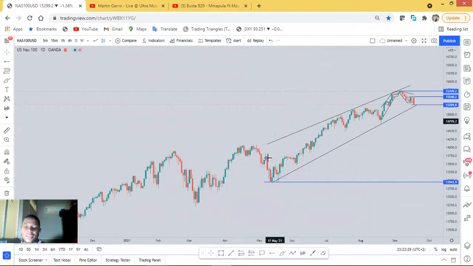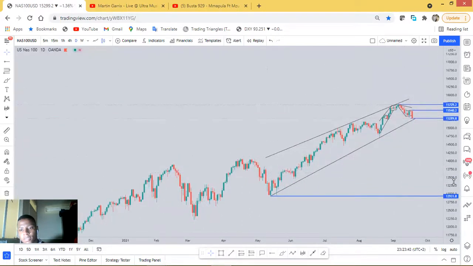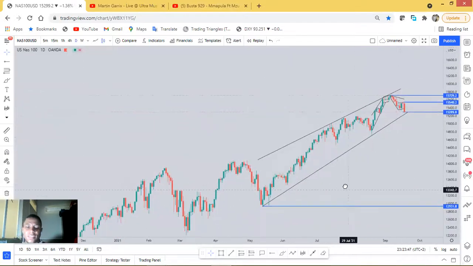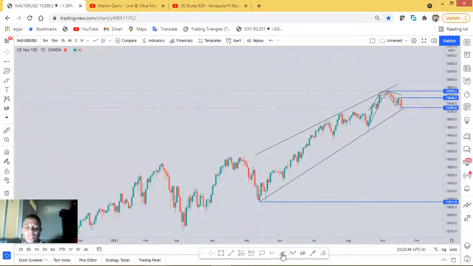On the daily time frame, the analysis doesn't change that much, only on the smaller time frames. So throughout the week, I will only update the 4-hour, 1 hour, and 15-minute analysis basically.